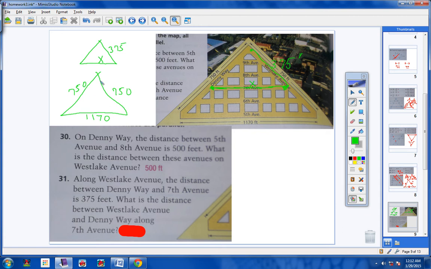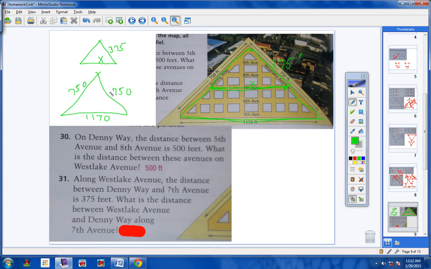We know these two triangles are proportional because we have a big triangle here, like this, okay? And this line here is parallel to this line here because the directions said all of the numbered avenues, 9th, 8th, 7th, 6th, and 5th, are parallel. So if they're parallel, then we have proportional triangles. If we have similar triangles, then we can use ratios.